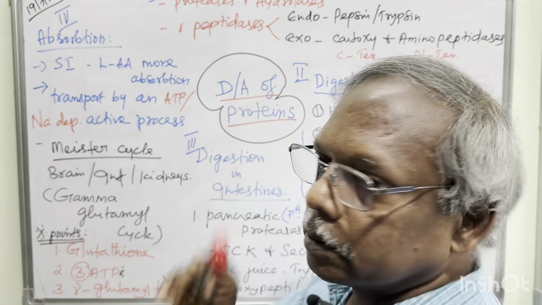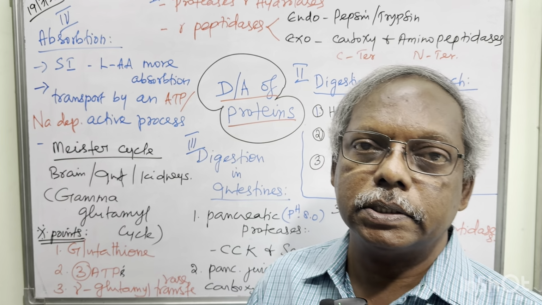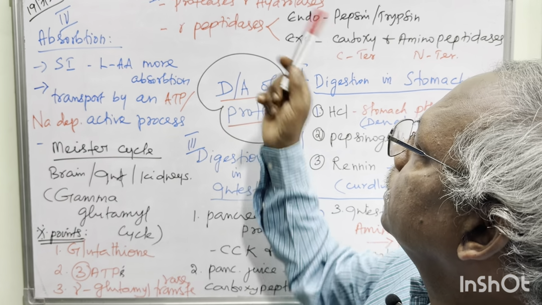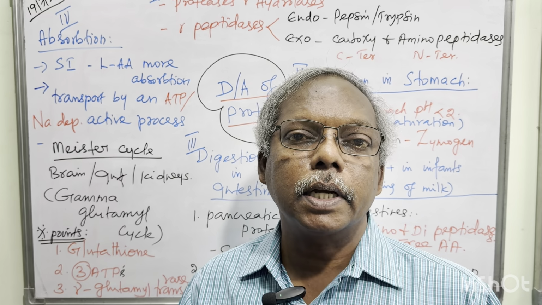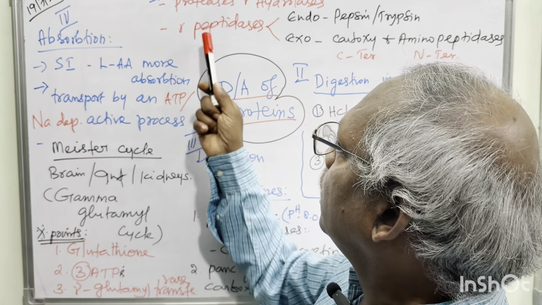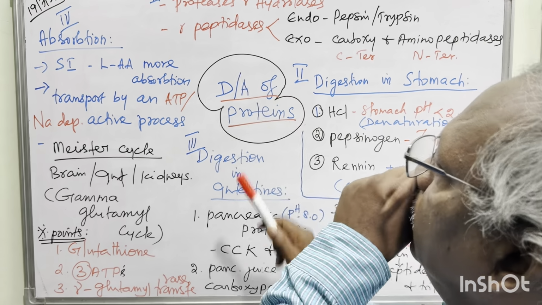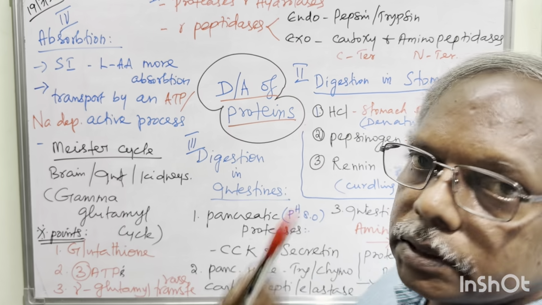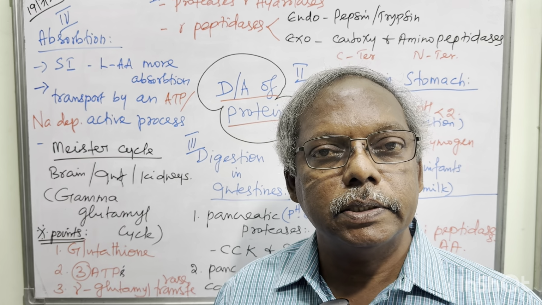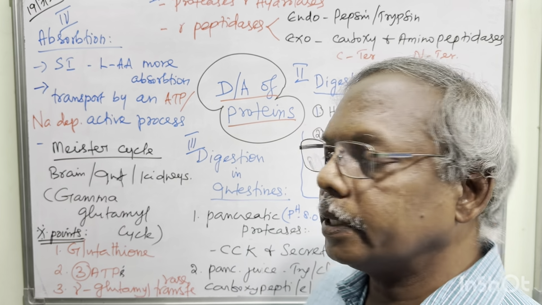Before going to this, we all know that proteases, that is proteolytic enzymes, are hydrolases, coming under the hydrolase group. They are all actually peptidases. These peptidases have a classification, that is exopeptidase and endopeptidase.